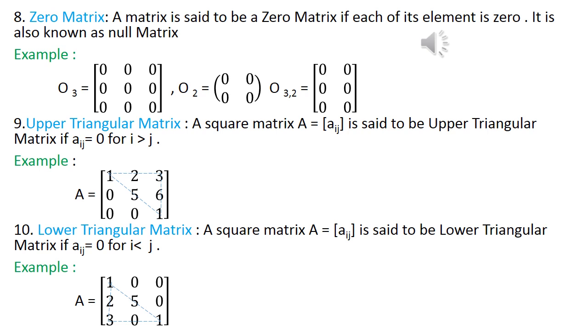For example, if we consider the elements in first row second column, first row third column, or second row third column, those are all 0.